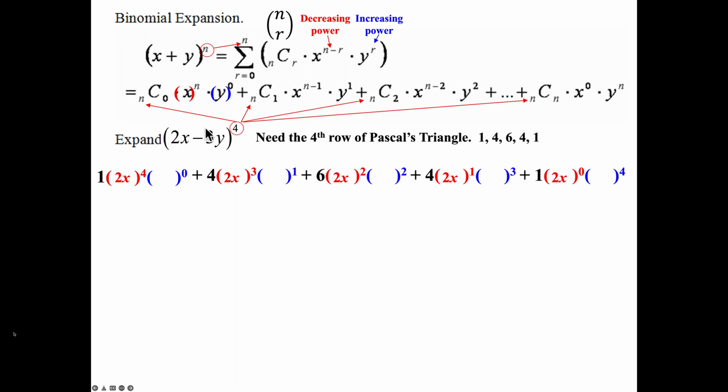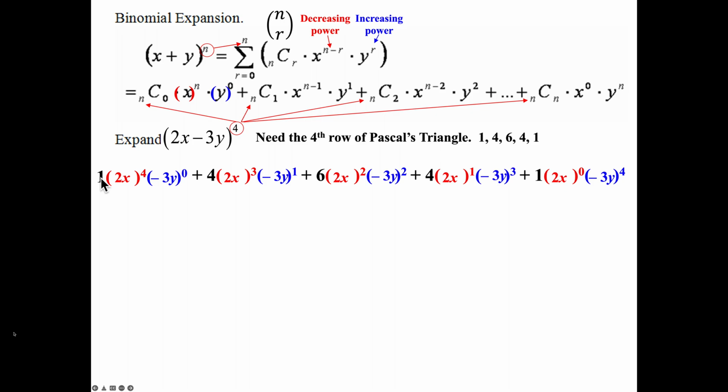You can't sit here and FOIL this out. Next, we're going to take the minus 3. It's a plus in the formula, so this would be plus a negative. So that sign goes with the 3. So negative 3y in all the blue parentheses. So that's my setup.